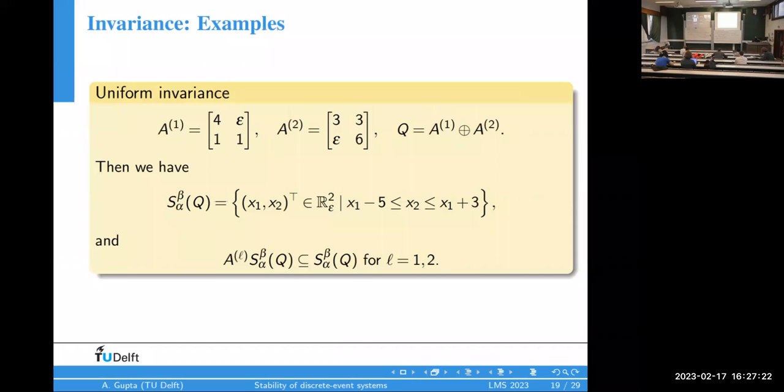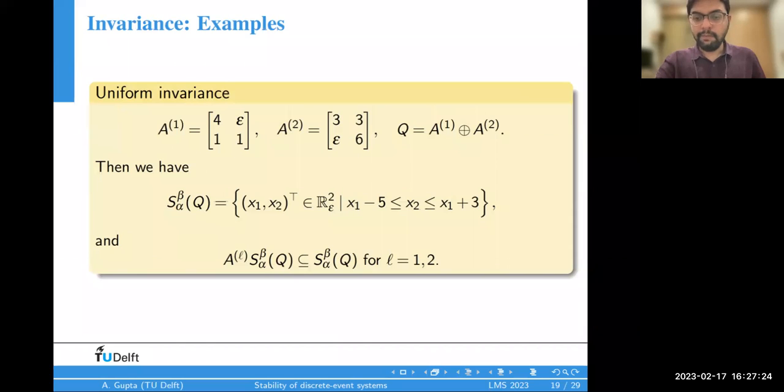Yeah. So for instance, here you would have a matrix Q, right? And then I could take beta as the max plus eigenvalue of that matrix Q, especially because it will be an irreducible matrix. And alpha, I think there is a paper from Butkovic on the possible values of alpha such that this set remains non-empty.